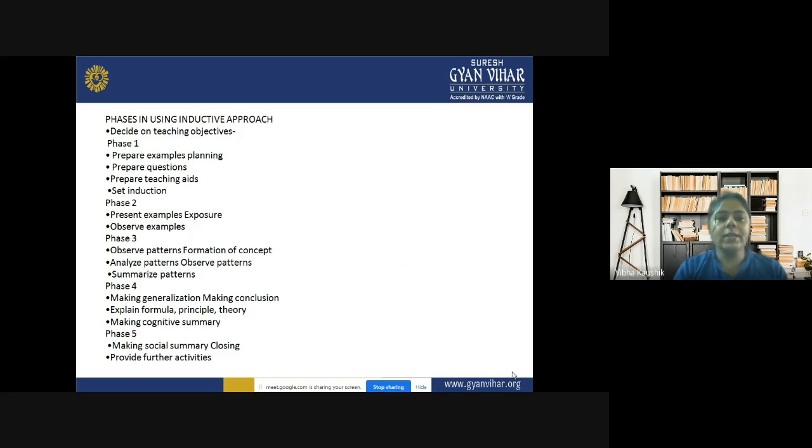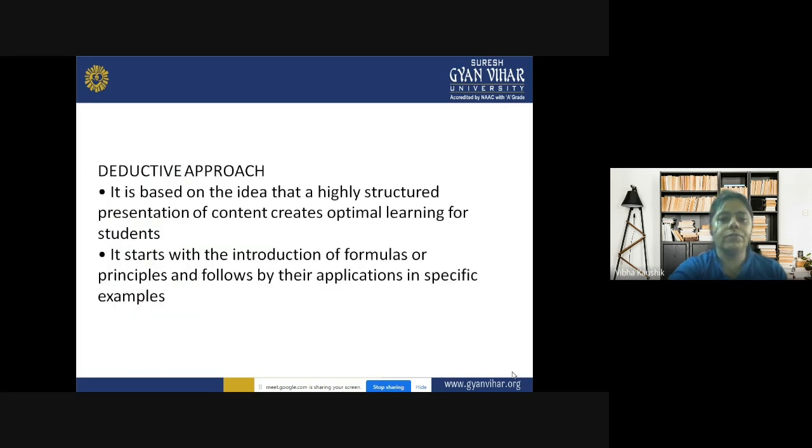Phase 4, making generalization, means the student will be able to generalize the particular concept, make a conclusion on the basis of that, explain the formula, principle or theory, and make a cognitive summary. Phase 5: making a social summary, closing, and providing further activities to the student.